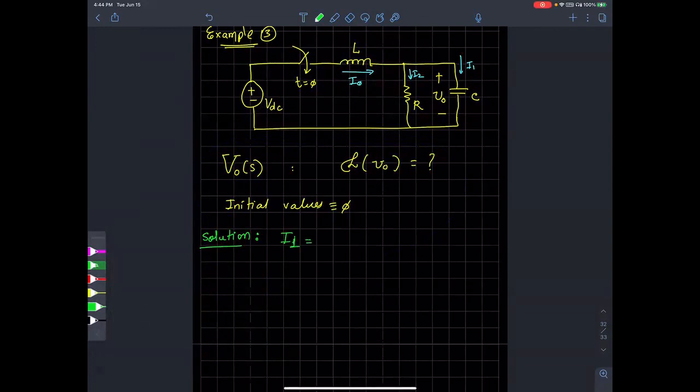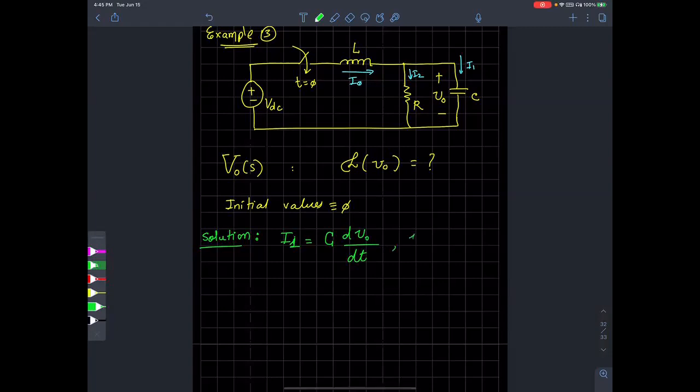I1 is the current through this capacitor, which we know is defined by the relationship I equals C dV by dt, right? I1 is C dV by dt.